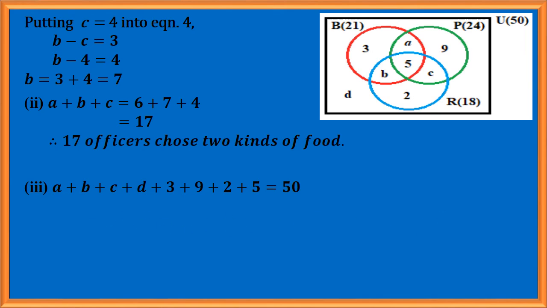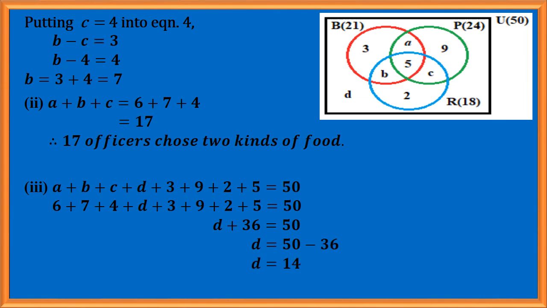When we simplify, replacing the values of A, B, and C, we have 6 plus 7 plus 4 plus D plus 3 plus 9 plus 2 plus 5, and that should be equal to 50. Grouping, we have D plus 36 equal 50. That gives us D to be 50 minus 36, and D will be 14. So we can conclude by saying 14 officers chose none of the 3 kinds of food.